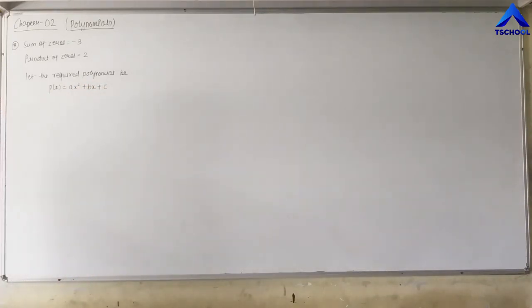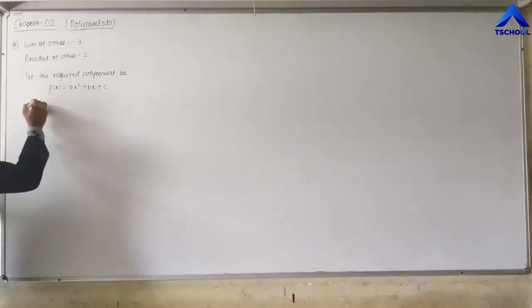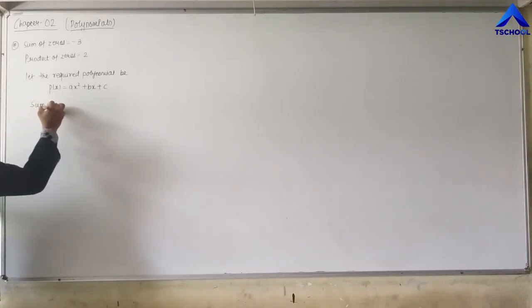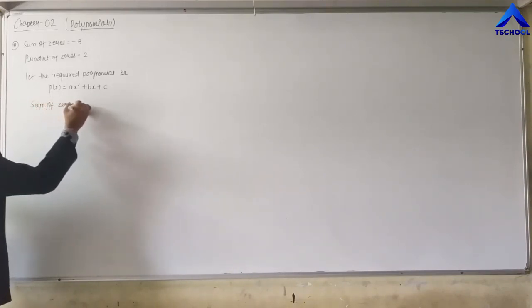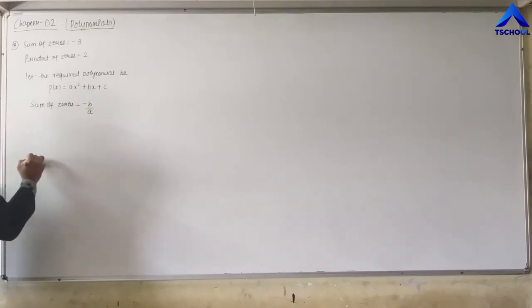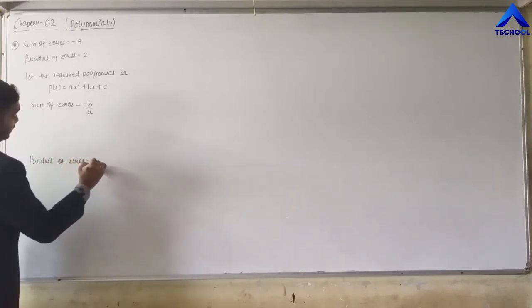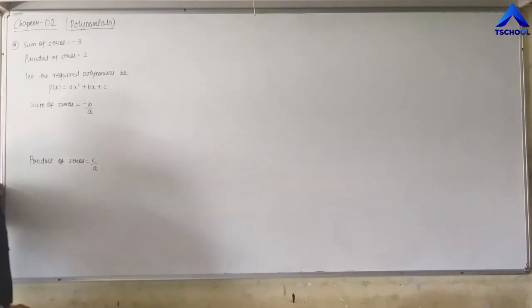This is our required polynomial. So taking the coefficients out, we shall know that sum of the zeros is equal to minus b by a and product of zeros is equal to c by a.